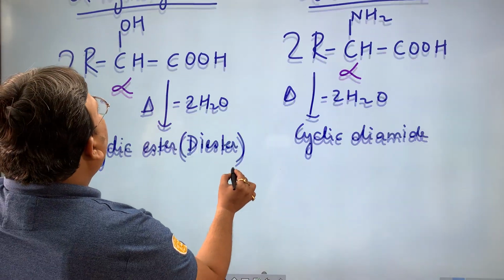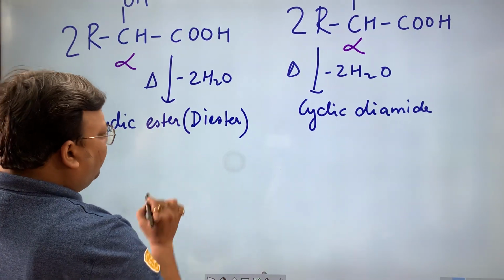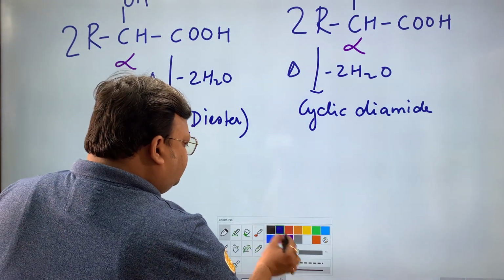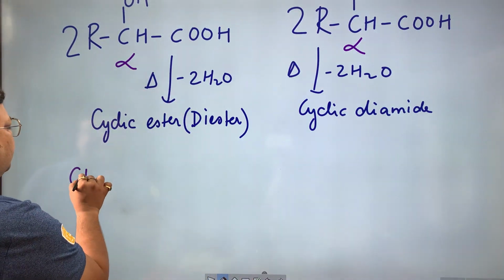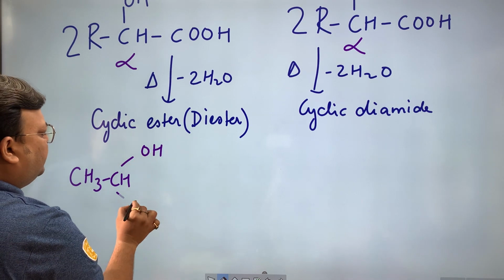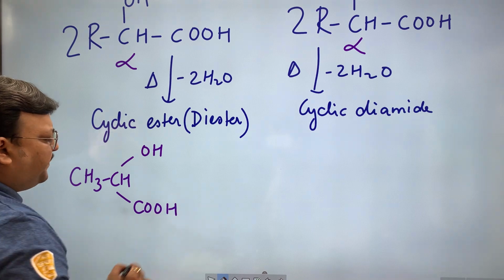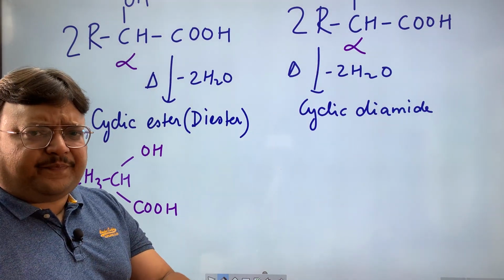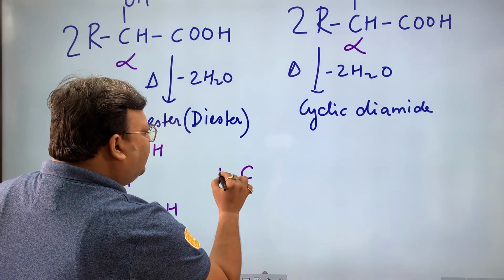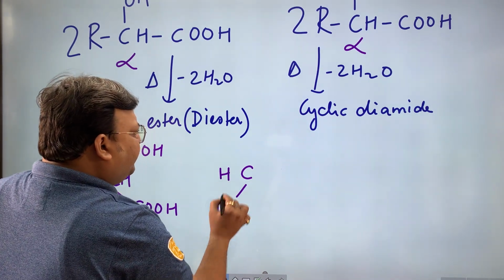Suppose for alpha hydroxy acid, a very popular compound, I take lactic acid, CH3CHOHCOOH. Now there is a particular way in which you will want to write the alpha hydroxy acid. 1 mole in this way and the other mole in this way.